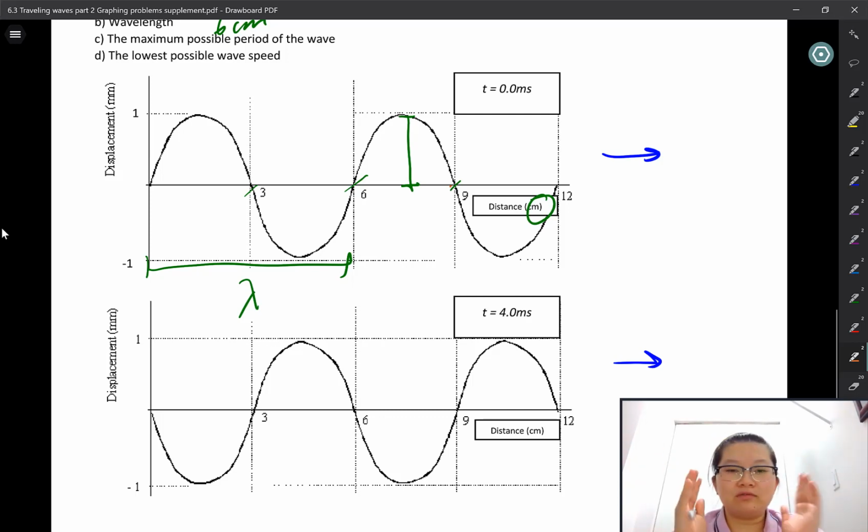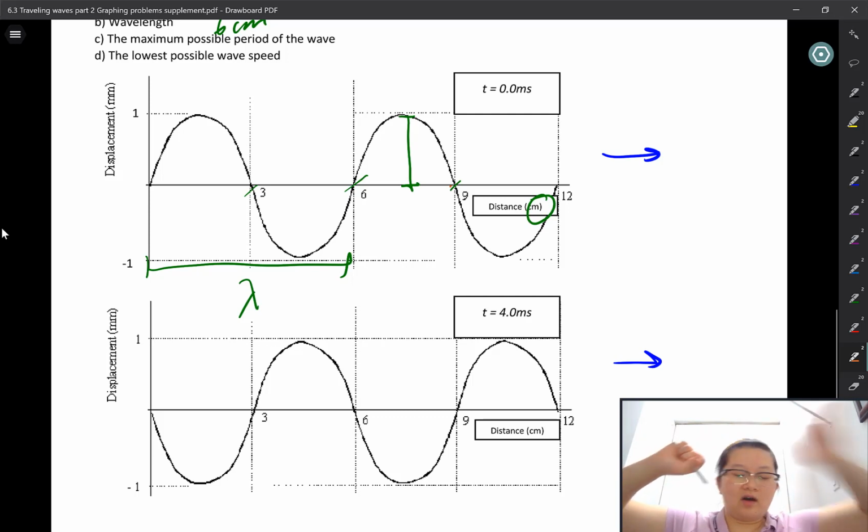The other thing we want to understand is the fact that to maximize the period, it means that my particle has gone through its entire cycle taking the longest amount of time. If it has done this, then imagine my wave would have gone, more wavelengths would have gone by. And we don't want that.